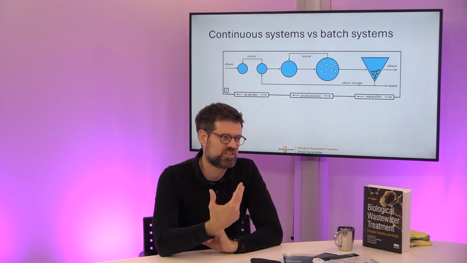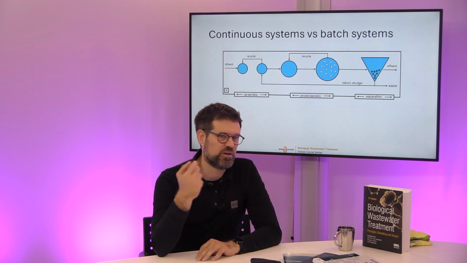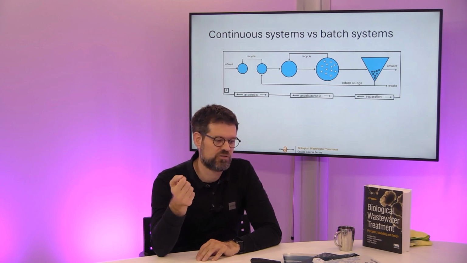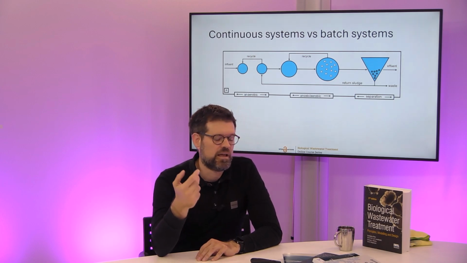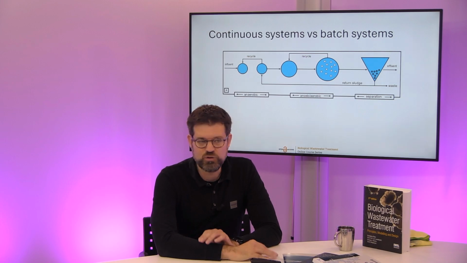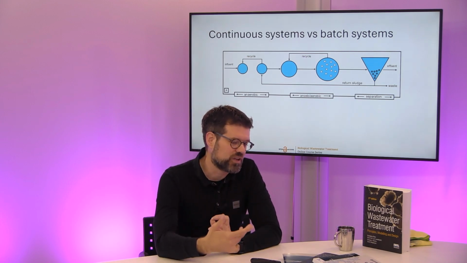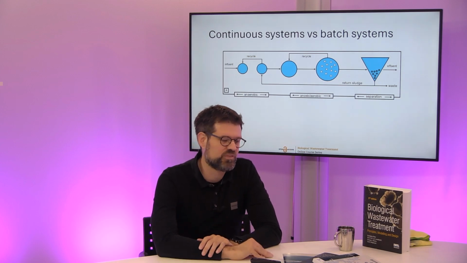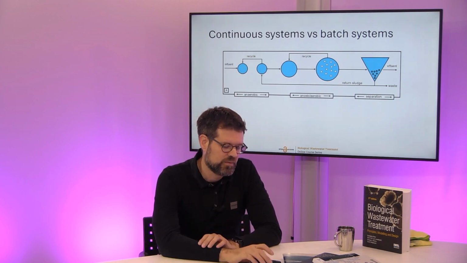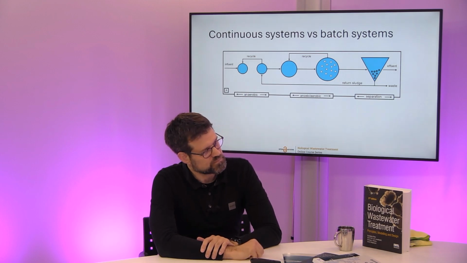That's a very common setup. You feed anaerobically, you have some anoxic pre-treatment to remove your nitrates, and then you do the main aerobic phase. But that's a continuous system, so you feed continuously and the processes happen at the same time at different parts in the reactor. So how does the batch system then differ?